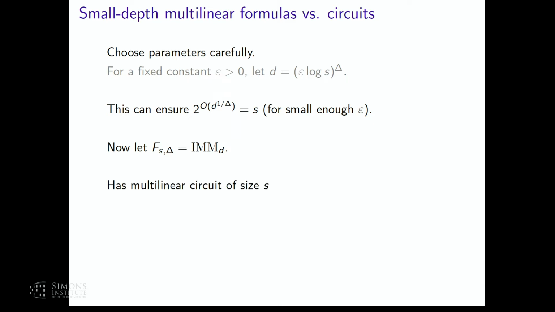Now this naturally by definition has multilinear circuits of size S for IMM, but any multilinear formula for this must have size S to the omega 1. So all I am trying to say in this slide is that there is a setting of d which can recover this lower bound. As I said, this slide is not that helpful, so I can maybe move forward.